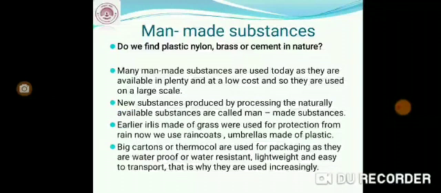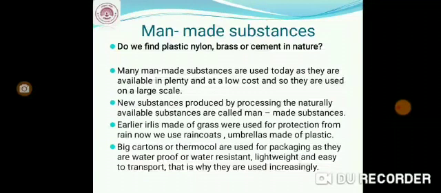So, many man-made substances are used today as they are available in plenty at a low cost, and so they are used on a large scale. What are these man-made substances? How are they made? New substances produced by processing the naturally available substances are called man-made substances. Okay, is it clear?